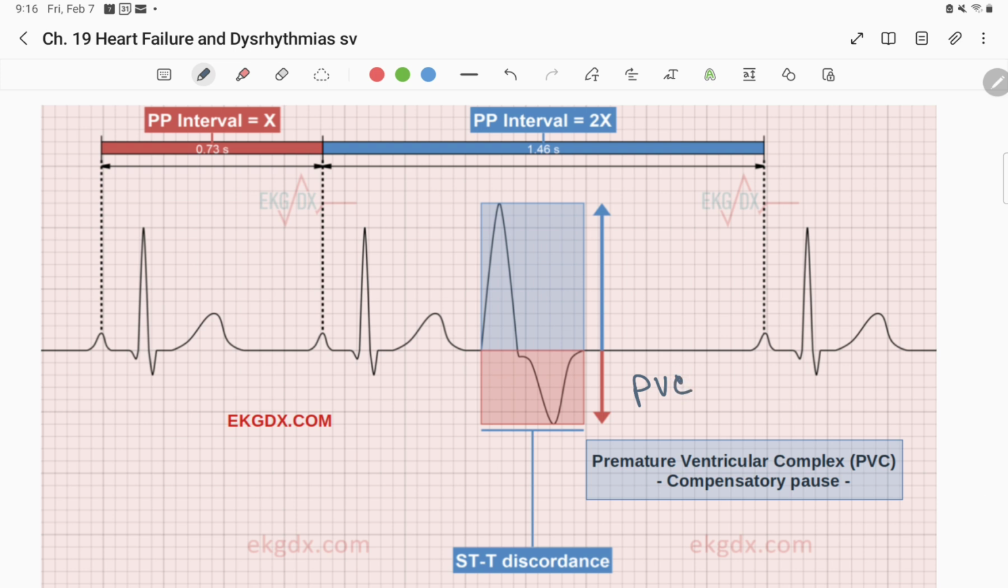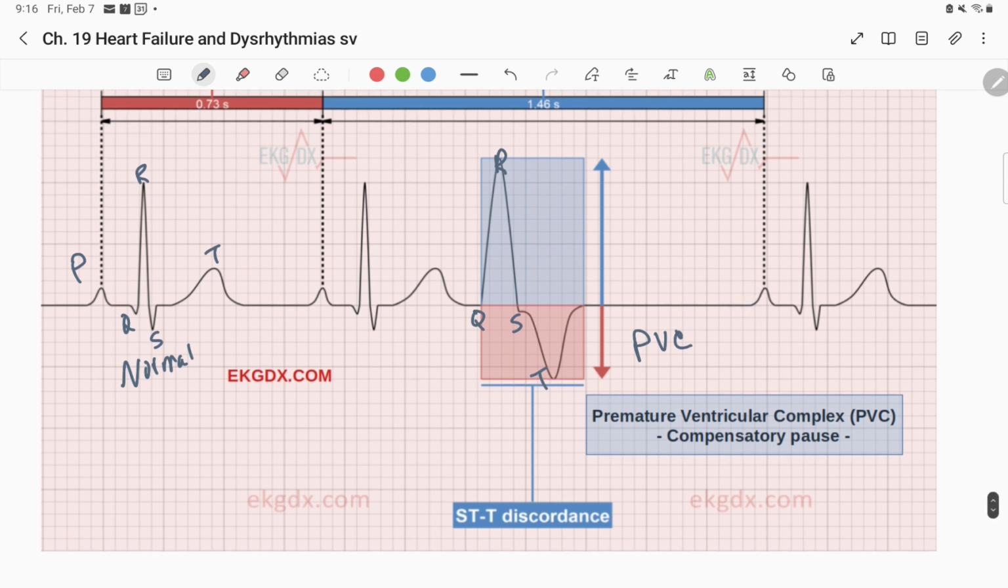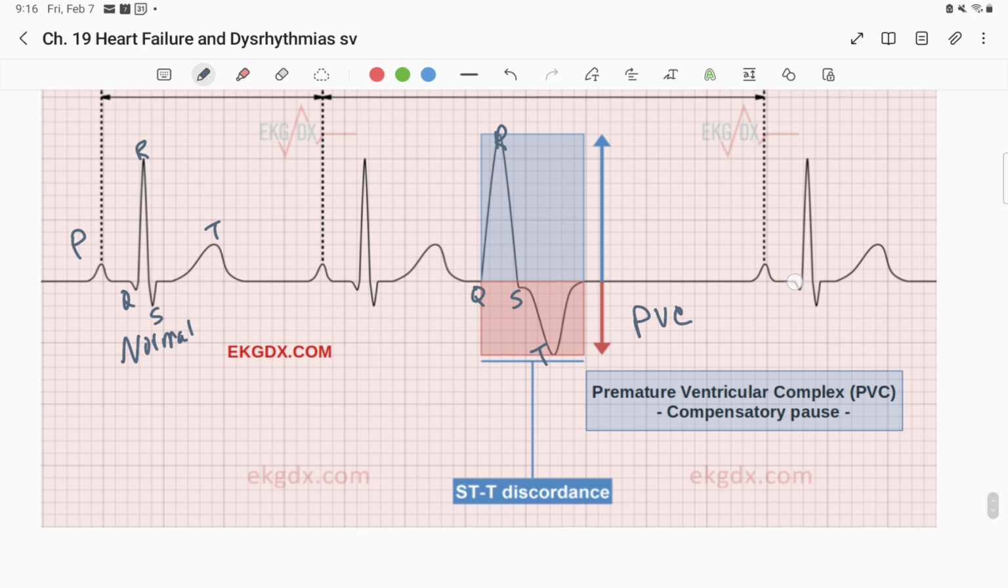So here's normal, P, Q, R, S, and T wave. Okay, but over here on the QRS, the S to T wave segment is uncoordinated, so that is indicative of a PVC.